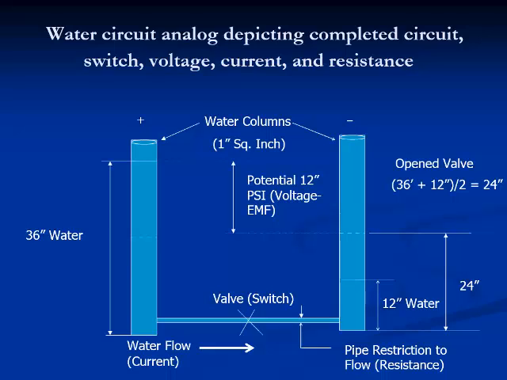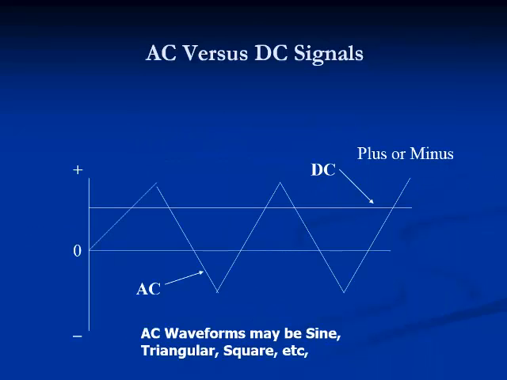Resistance is a material's opposition to electric current flow and is measured in ohms. If two of these characteristics are known, the third can be calculated using Ohm's law, which states that the amount of current flowing in an electrical circuit is directly proportional to voltage and inversely proportional to resistance.